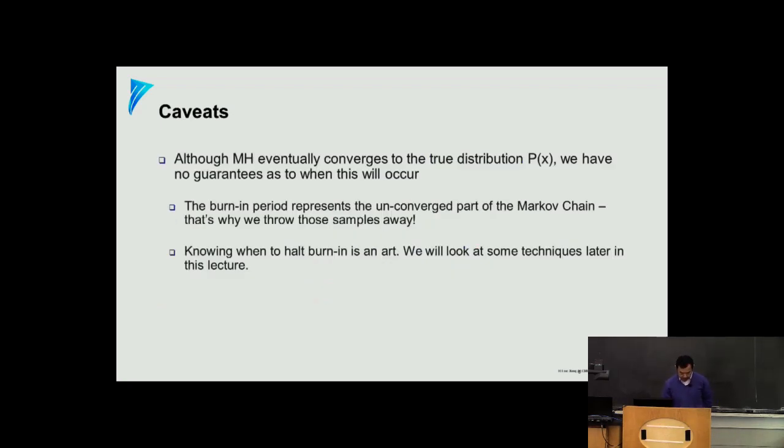Okay, so that's the MCMC algorithm and the theoretical guarantee of its correctness. And then some caveats. There is no theorem guaranteeing when this stationarity or detailed balance will happen.